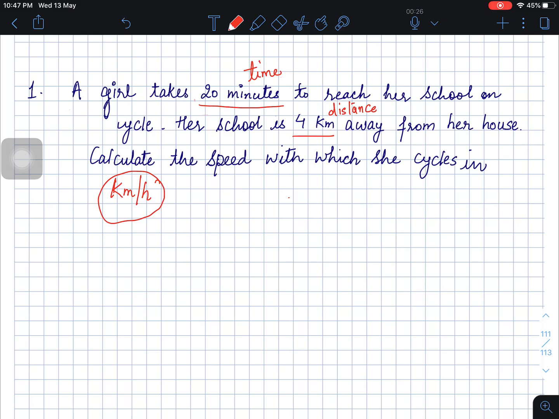The distance is in kilometer, no problem, but they're asking it in hour, and they've given the time in minutes. So that means we have to convert the time from minutes to hours.